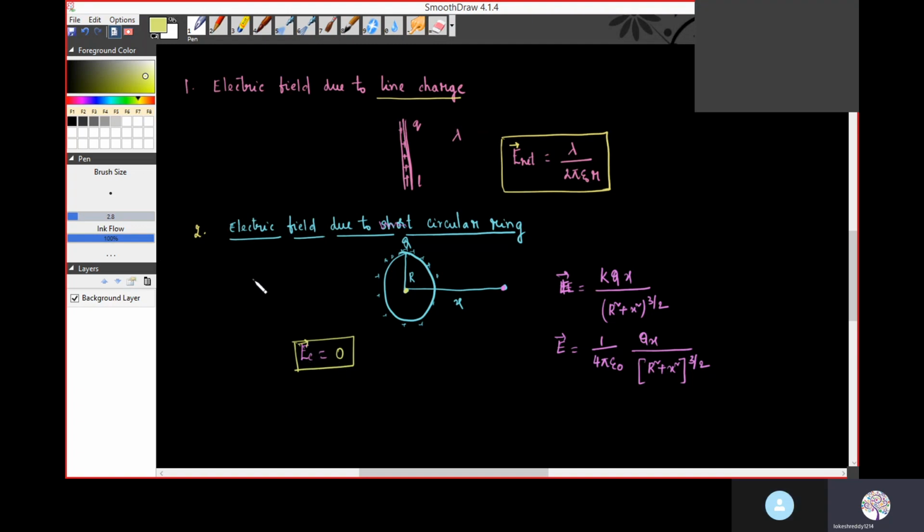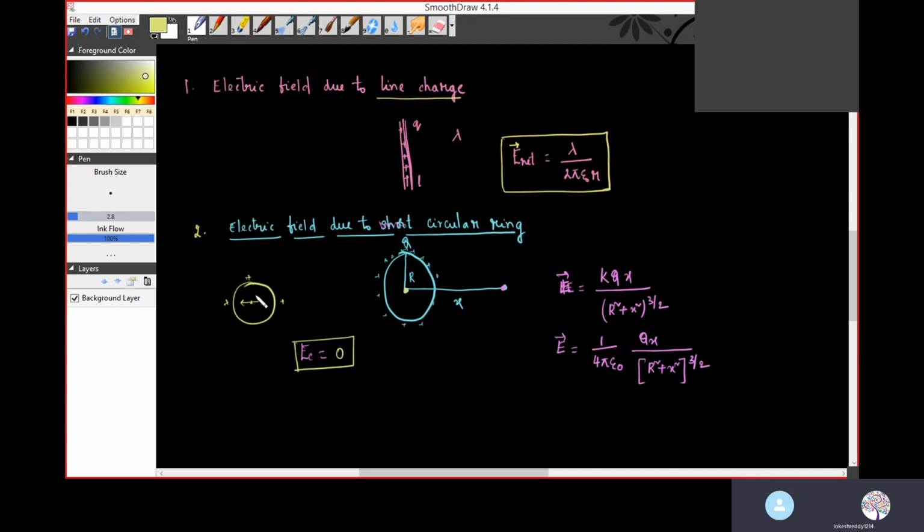Also you can see that at the center, if you have a positive charge here, then it pushes in this direction, and this positive charge pushes in the opposite direction. Both have the same magnitude and opposite direction, so they will cancel out.